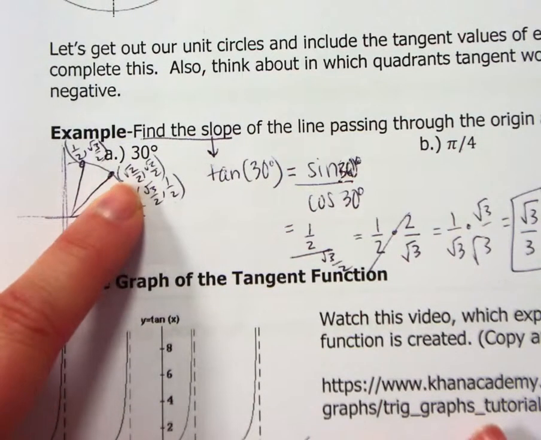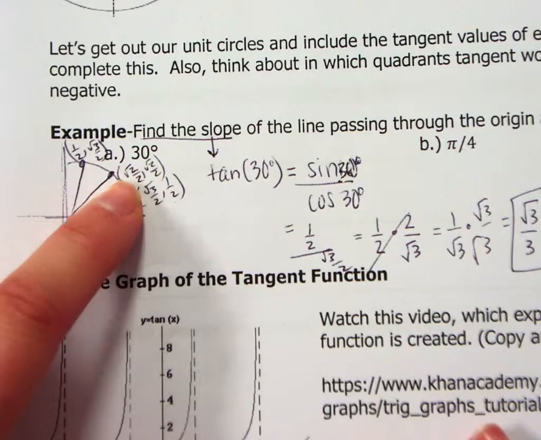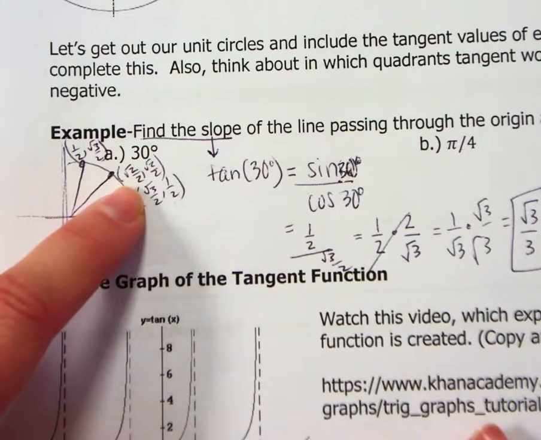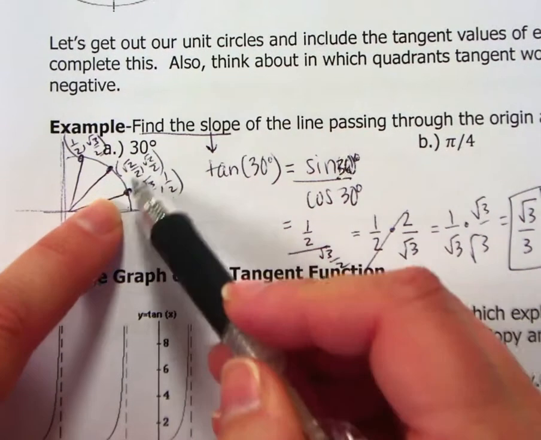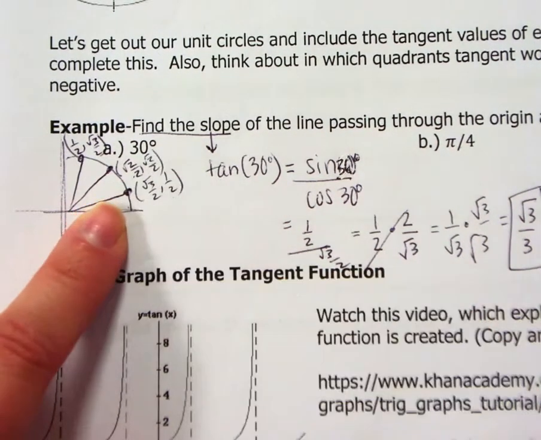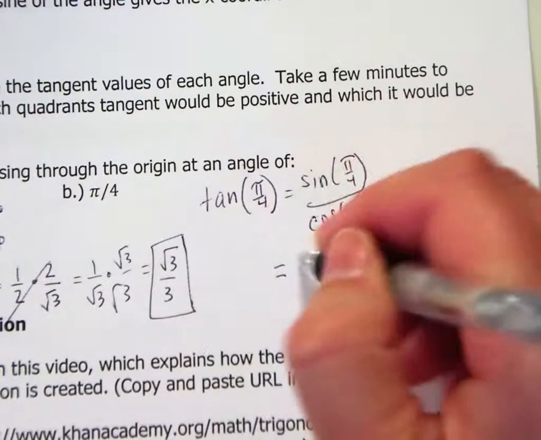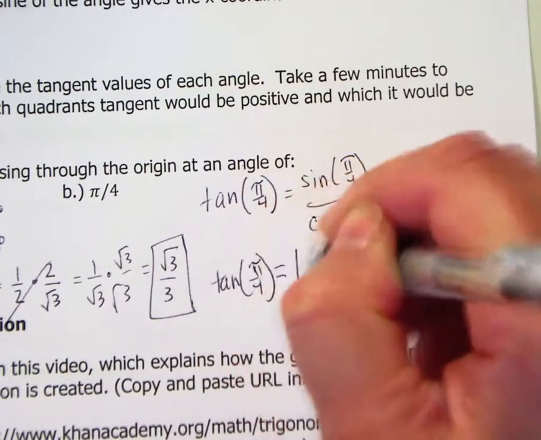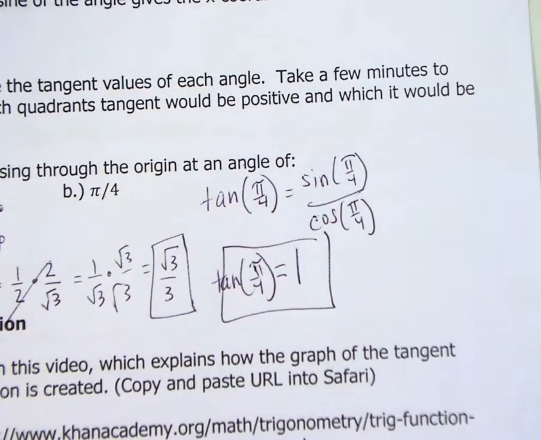And what's nice about 45 degrees is that both the sine and cosine of 45 degrees are the same thing. So the ratio of anything over itself has to be what, ladies and gentlemen? 1. Okay? So if you want to add that tangent value to your unit circle, that's fine as well.